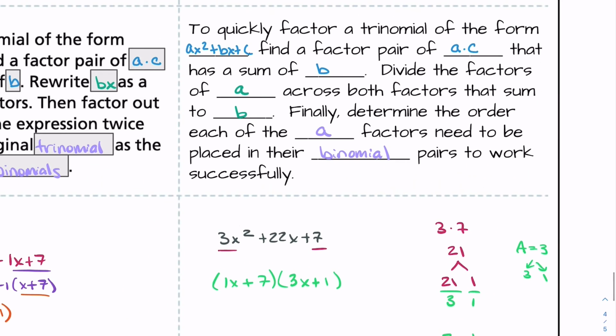To quickly factor the trinomial of the form ax squared plus bx plus c, find a factor pair of ac, which we did, that has a sum of b, which we did. So 21 and 1 is 22. Divide the factors of a across both factors that sum to b. Here are the factors of a. We divide them.